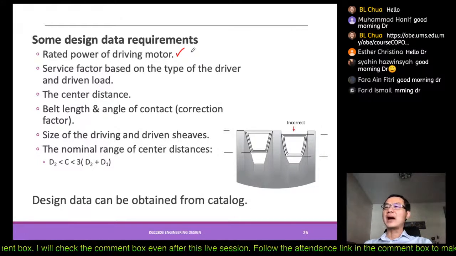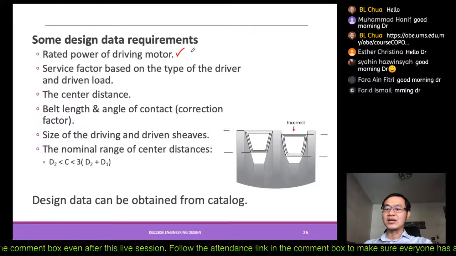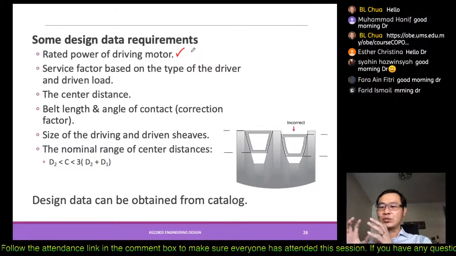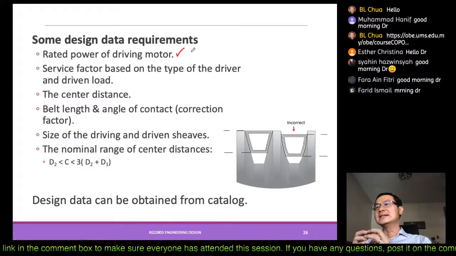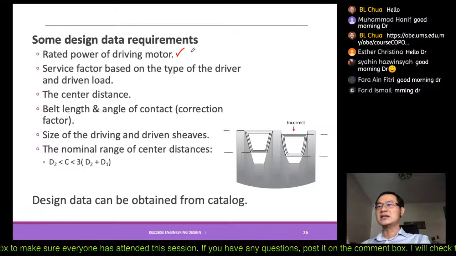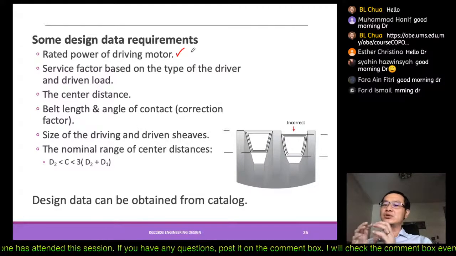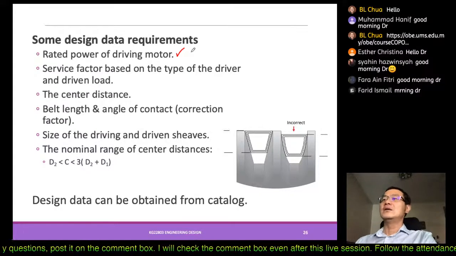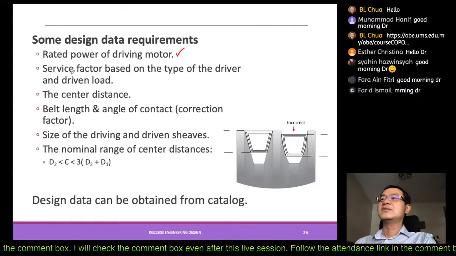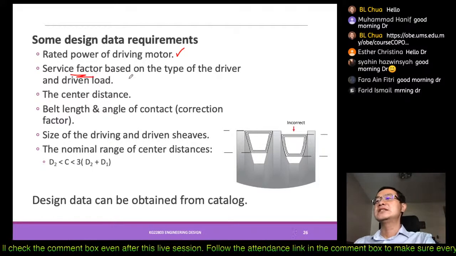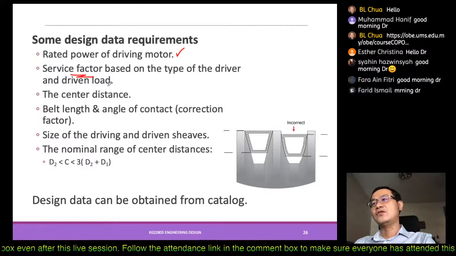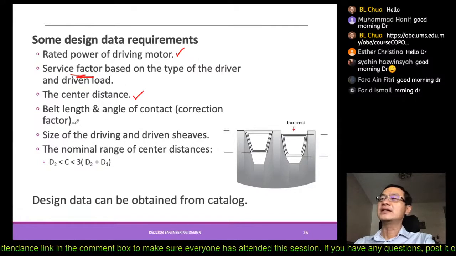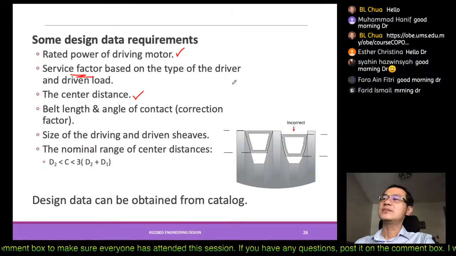That is the power that we are going to transmit, and that is the most important thing, because we intend to transmit power to the other end. The belt must be able to carry or transmit this power. Then based on that, we have to know the service factor based on the type of load, and so on. Accordingly we can calculate the center distance between the two pulleys.